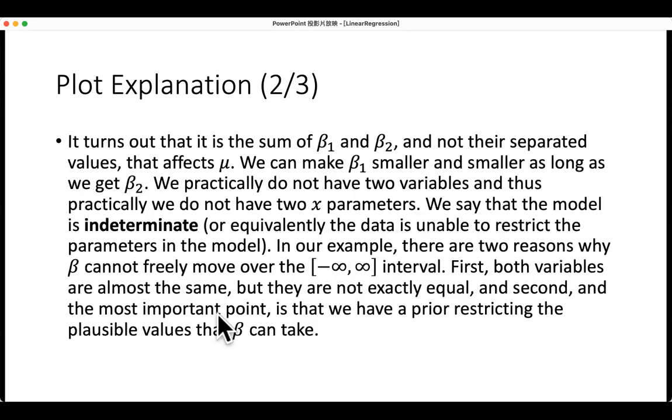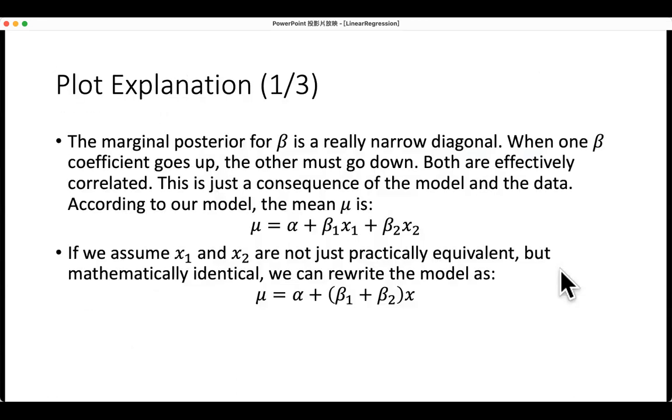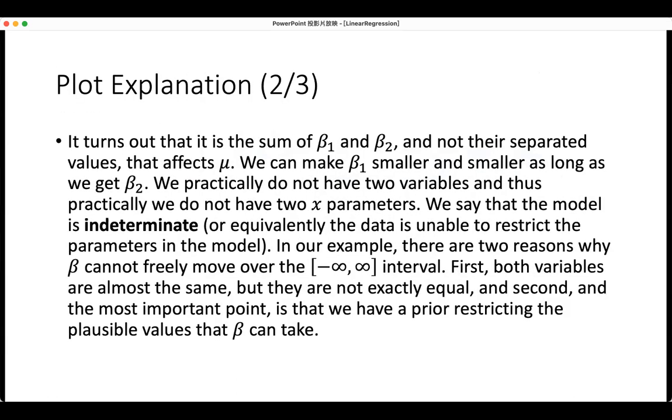That's the reason beta 1 and beta 2 have such a wide HPD, which is not supposed to happen in a regular situation.